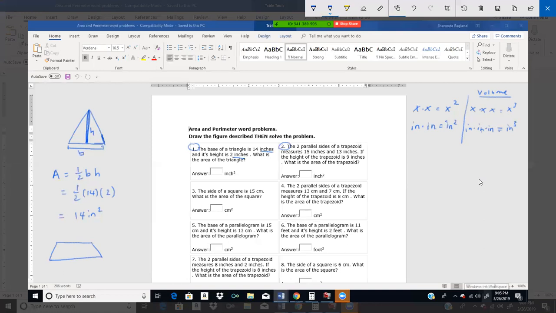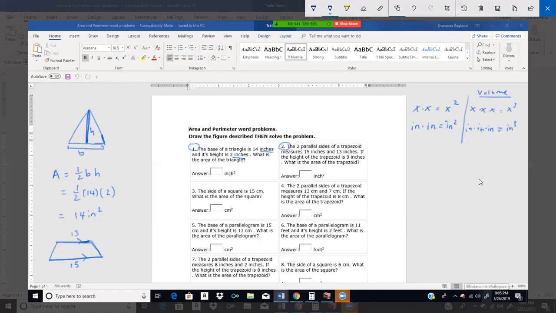So we have the two parallel sides, which measure 15 and 13 inches. This is the smaller base, 13, and this is the bigger base, 15. If the height of the trapezoid is 9 inches, what's the area?